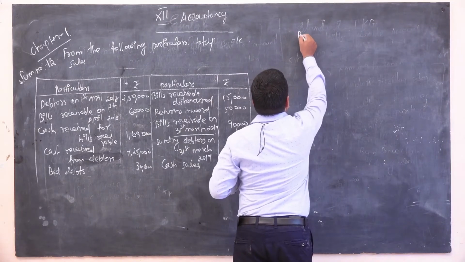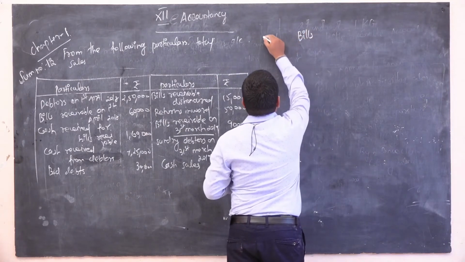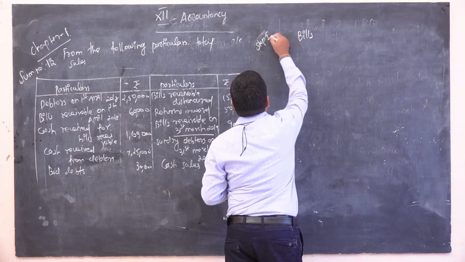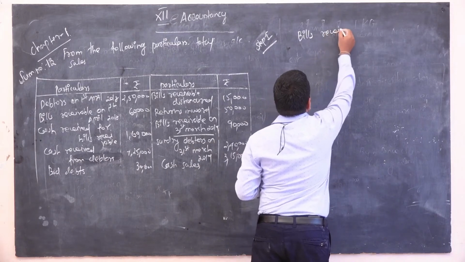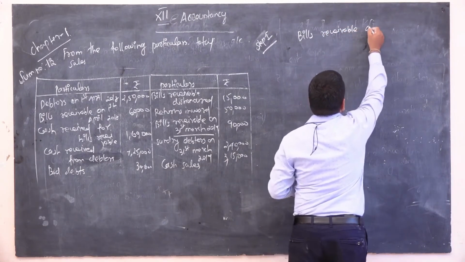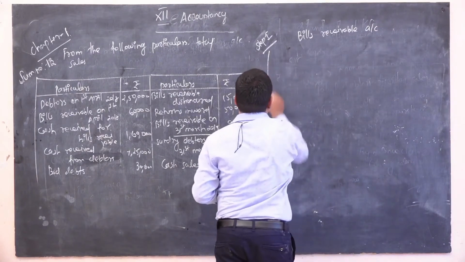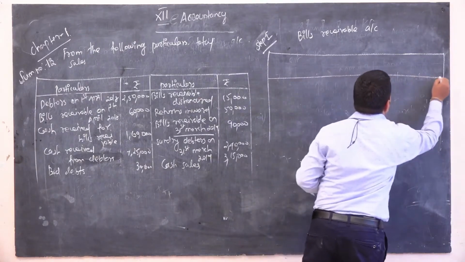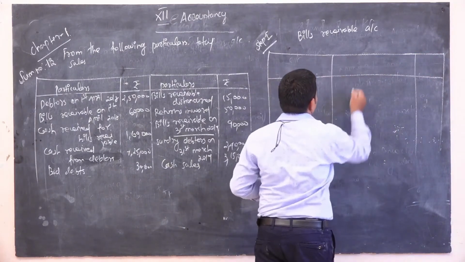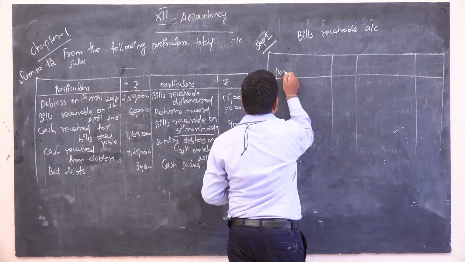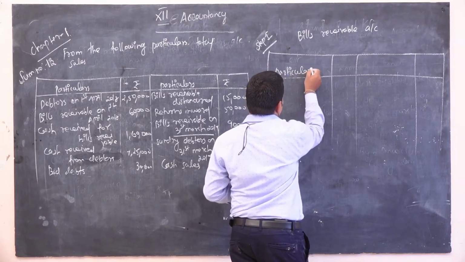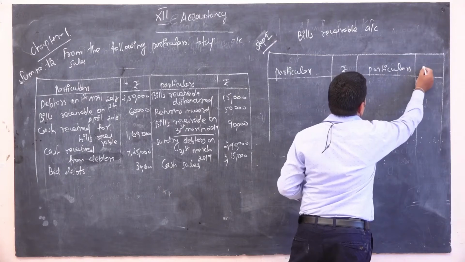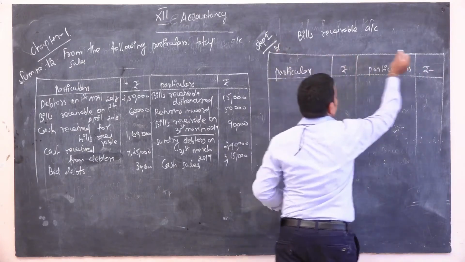Step 1, bills receivable account. Particulars, rupees, particulars, debit side, credit side.